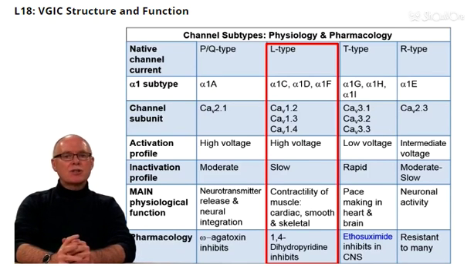This channel is also more highly expressed in vascular smooth muscle than in cardiac cells. Blocking the CAV1.2 alpha channel subtype with dihydropyridines can result in smooth muscle relaxation and reduces peripheral pressure. We see this clinically as a reduction in blood pressure.